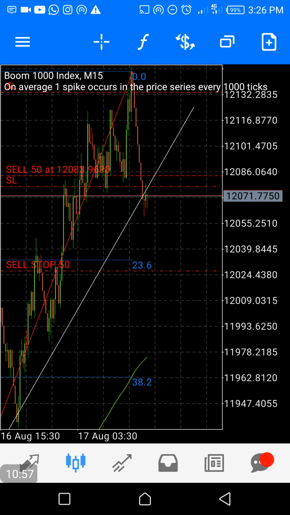That means it's a sudden change. The buyers decide and say, okay, we are taking our profit, we are leaving. And then the sellers decide to say they are going in. It's very interesting stuff.